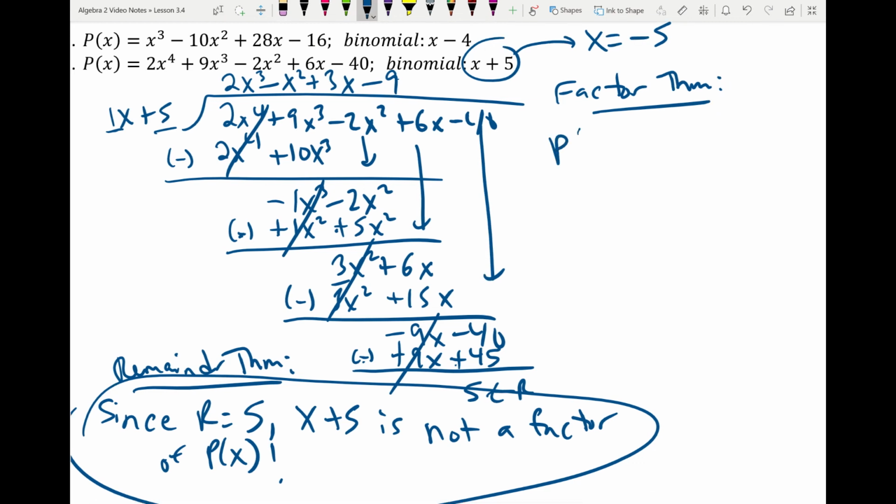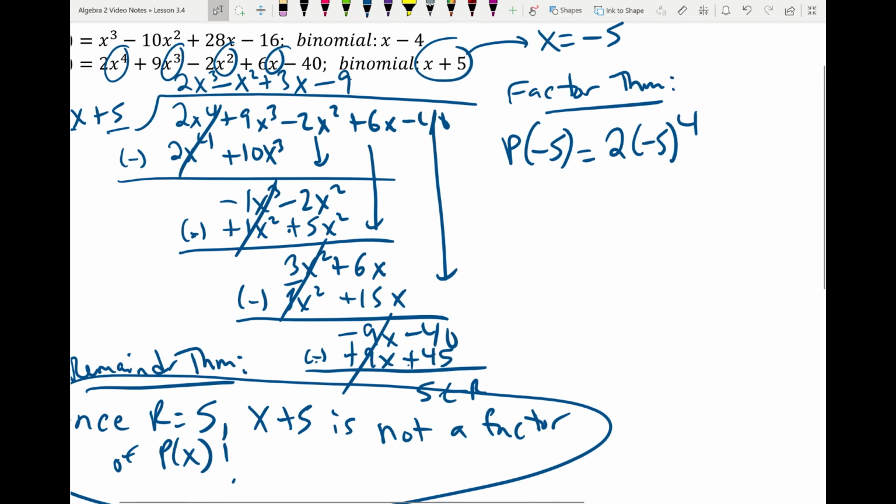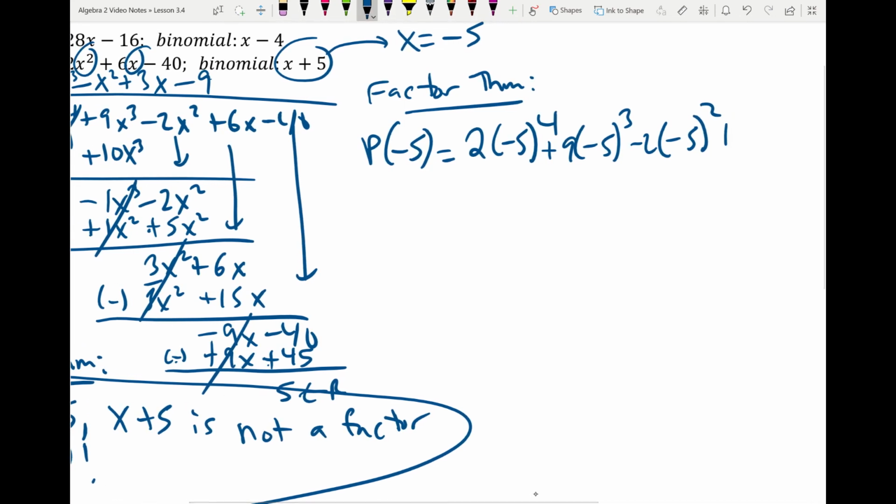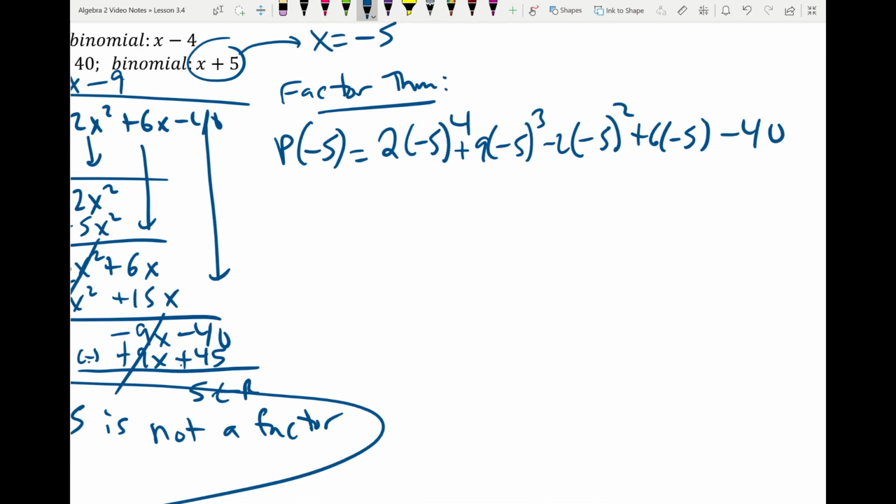So we have p of negative 5 equals, so we're going to plug it in here, here, here, and here. So we have 2 times negative 5 to the 4th power, plus 9 times negative 5 to the 3rd, minus 2 times negative 5 to the 2nd, plus 6 times negative 5, and minus 40.